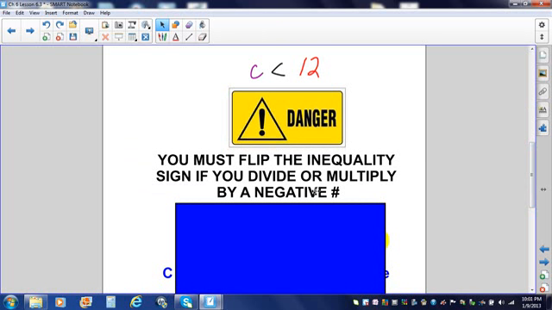Once again, the rule that you need to write down is: it is very important that you remember when working with inequalities, you need to flip the inequality sign if you divide or multiply by a negative number. Make sure you've written down, flip the inequality sign if you divide or multiply by a negative number.